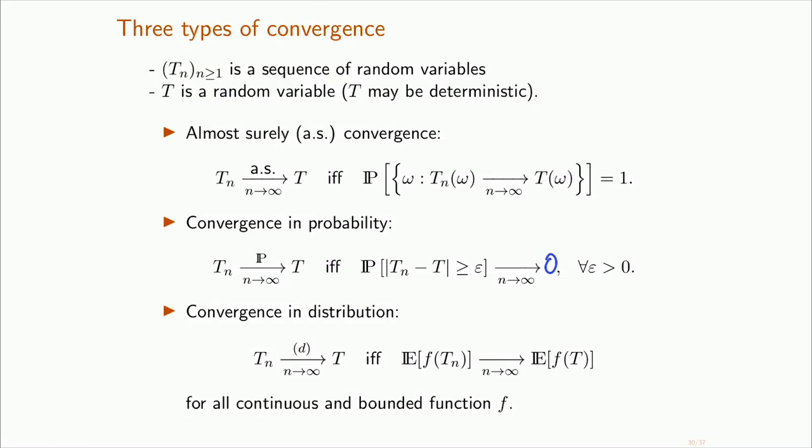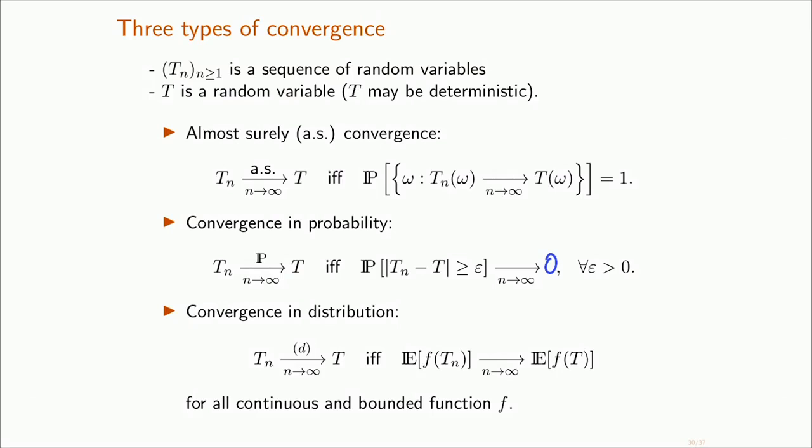And I want to say that it converges to the probability that T is between a and b. That's what convergence in distribution means. It's telling me that when I compute probabilities for the first guy, I get the same as the probabilities for the second guy, as n goes to infinity. Now, of course, the indicator function is not continuous, so you have to be a little careful about this. But essentially, this is what it means, and there are some extra conditions.